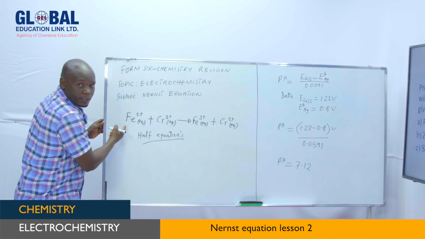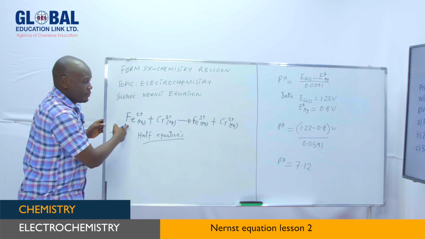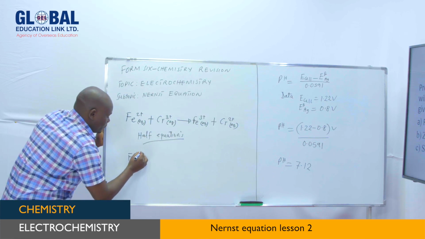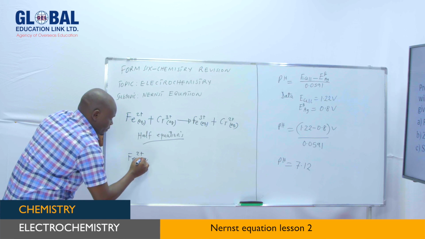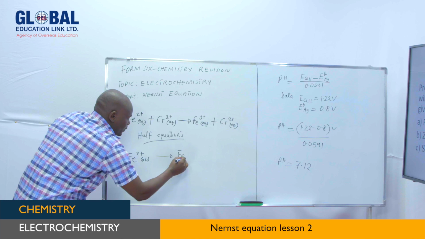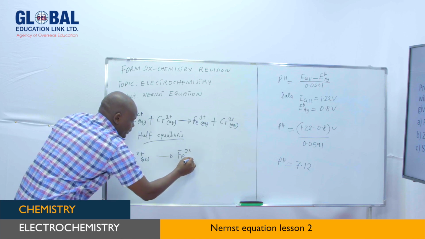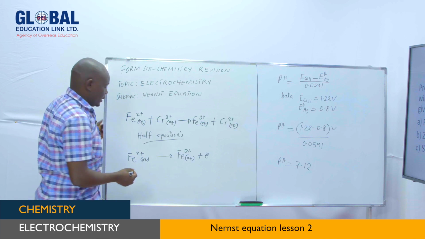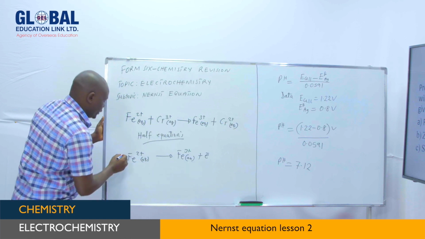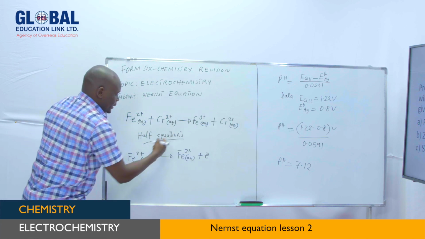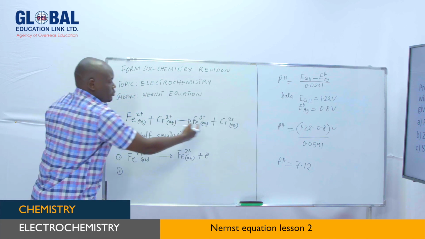So the half equations: one is the conversion of iron 2 to iron 3. So iron 2 to iron 3, then when balancing the charges you have to add 1 electron there. And the second half equation is the conversion of chromium 3 to chromium 2.